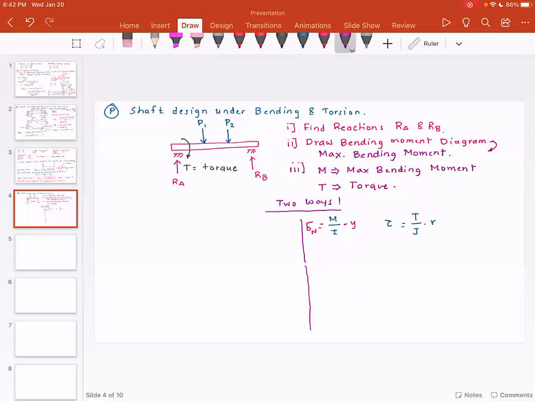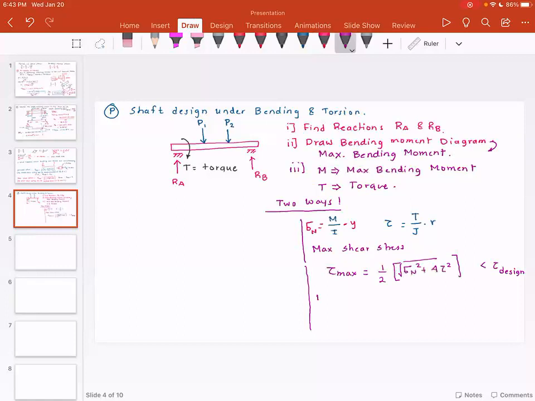The next step is, from the bending stress and the shear stress, I find out the maximum shear stress, which is tau max, equal to 1/2 square root of sigma n square plus 4 tau square. And I need to make sure that is less than tau design.